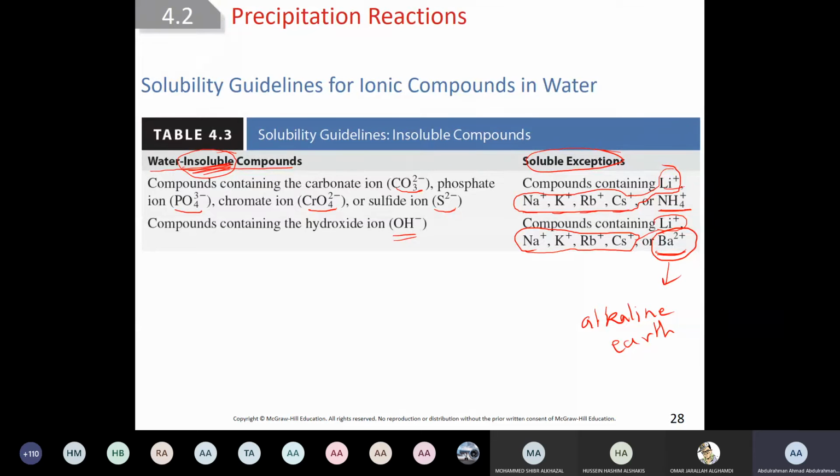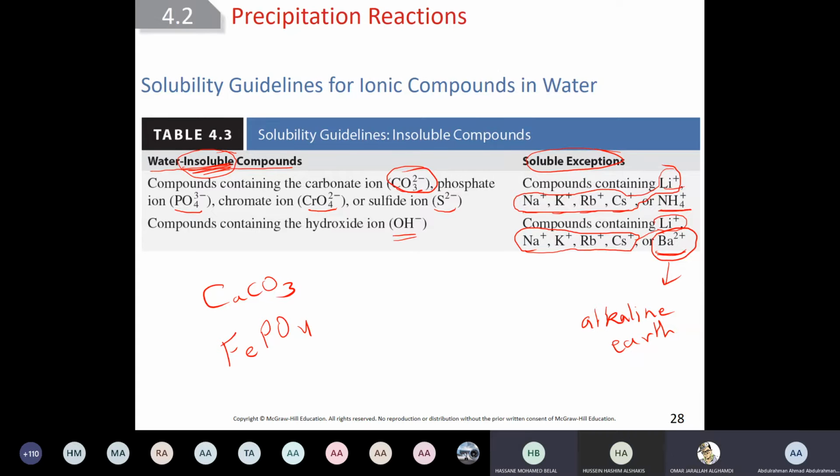So if I give you calcium carbonate, is this soluble in water? No. Why? Because it contains carbonate, as in the table. If I have FePO4, what's the name of this compound?